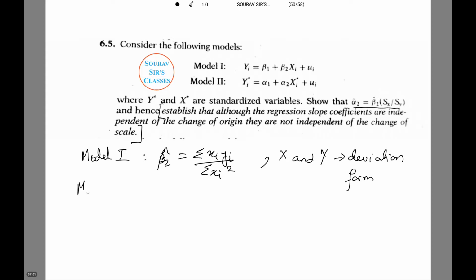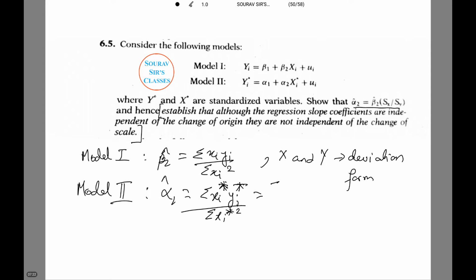For model 2, we have alpha 2 cap equals to summation xi star yi star by summation xi star square, which equals to summation xi by Sx into yi by Sy whole divided by summation xi by Sx whole square.